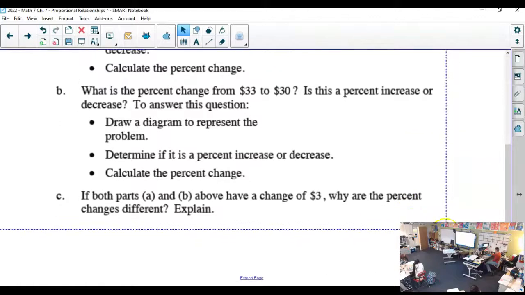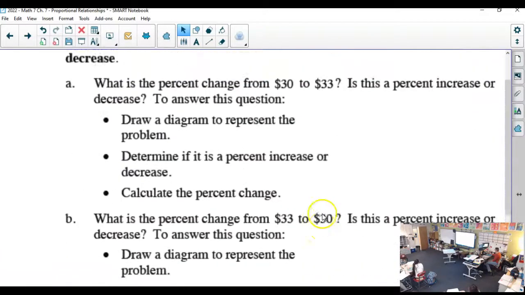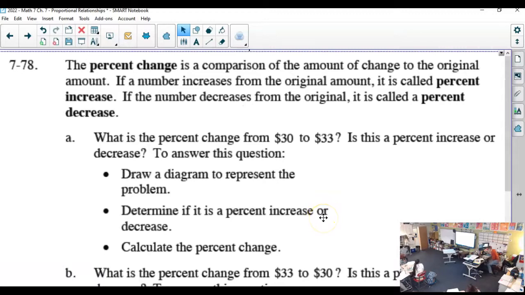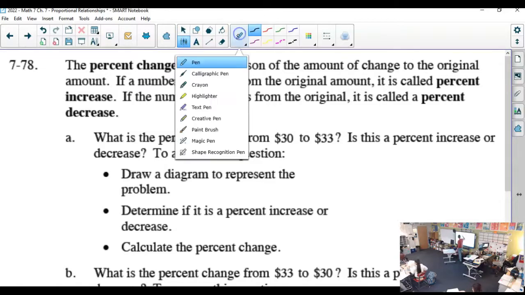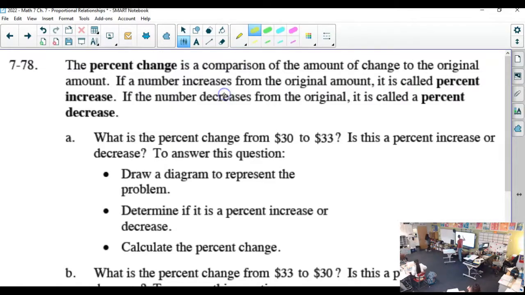Alright, so actually Antonella and I were talking about like sweatshirt prices earlier. If I have you increase, so this is going to be on your graph paper, I mean, unless you want to squeeze it onto your lesson paper, but this is not a problem on there. If I have you increase from $30 to $33, what is the percent change there?